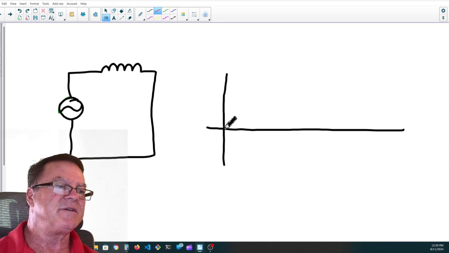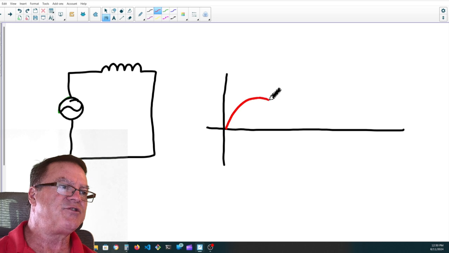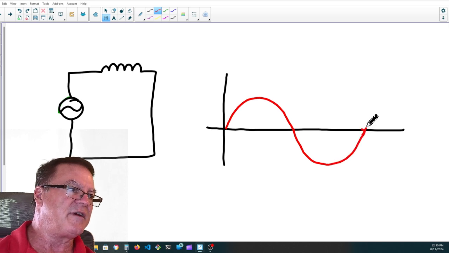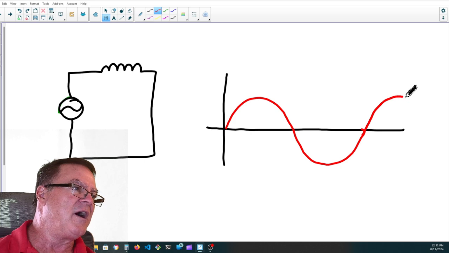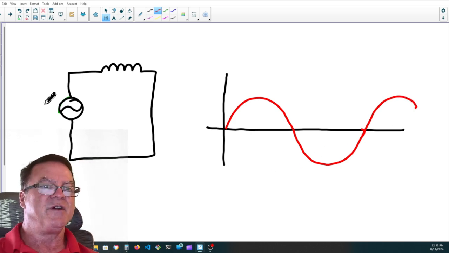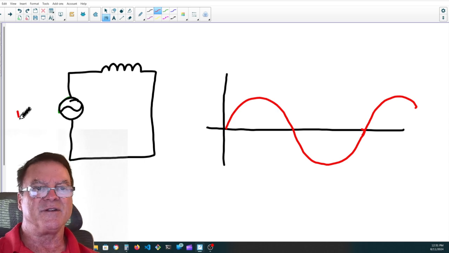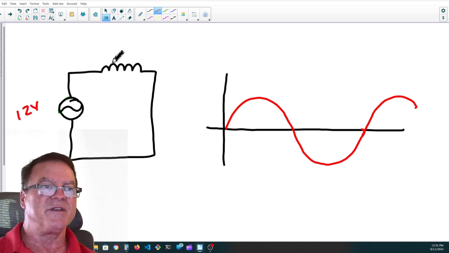Yeah, it's a series circuit. I'm going to draw the voltage at 0. It shouldn't be, because it's a series circuit, so the current should be the same everywhere. So the current should be on the x-axis. The current should be in phase. But for now, I'm just going to draw this voltage from the source, and whatever it is, we can say it's 12 volts. It doesn't matter what it is. We'll say this is 6 ohms. It doesn't really matter. 6 ohms of inductive reactance.